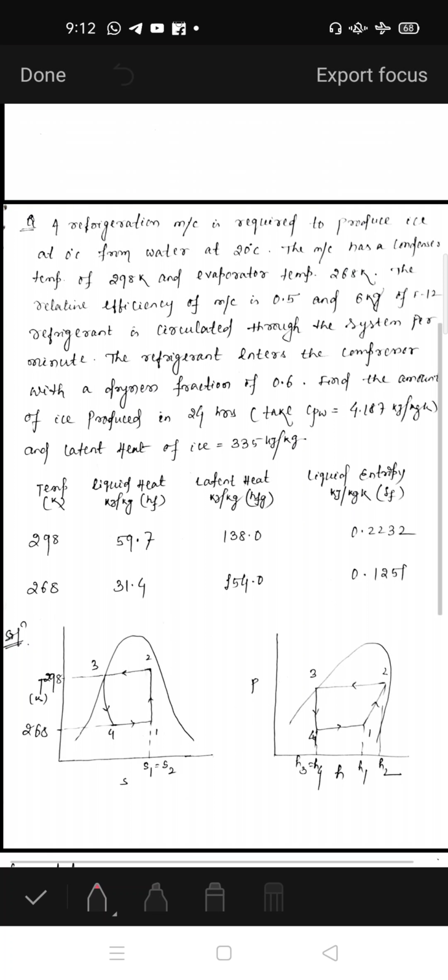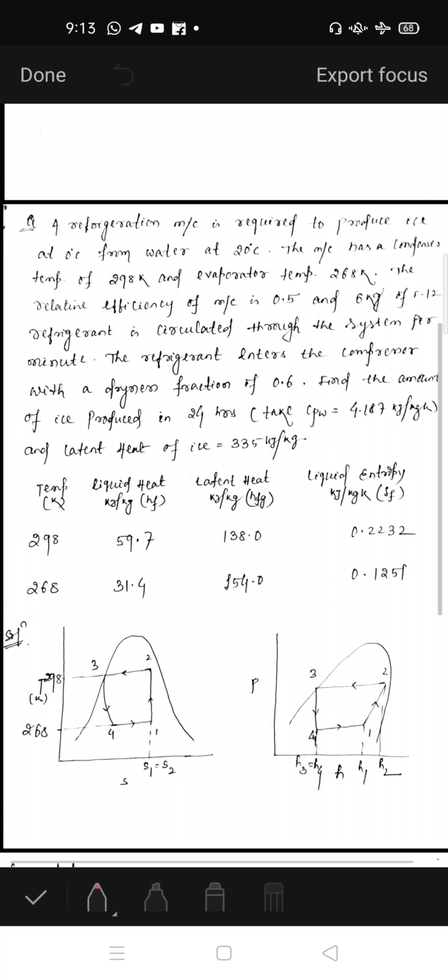And the latent heat of ice is 335 kilojoule per kg. This data can be given in the question or cannot be given, so you have to remember that data, that is latent heat of ice should be 335 kilojoule per kg. These are the standard values. And specific heat of water is approximately 4.2 kilojoule per kg Kelvin. Okay, now the question says the table.